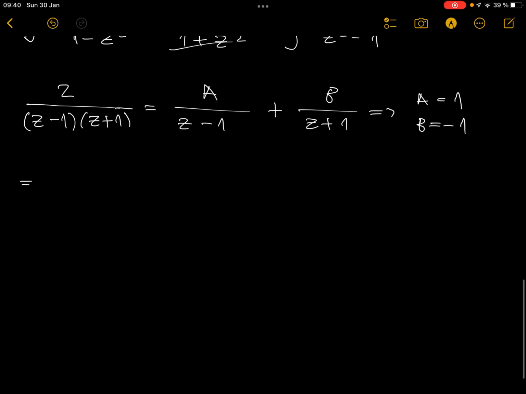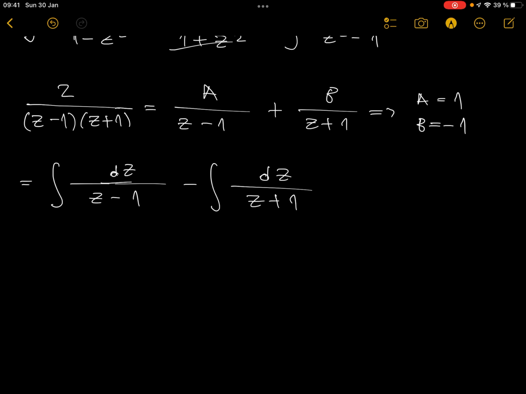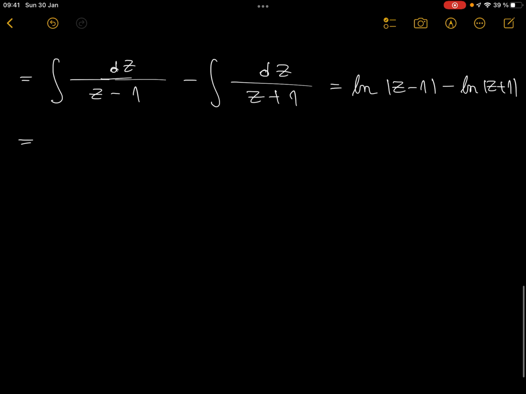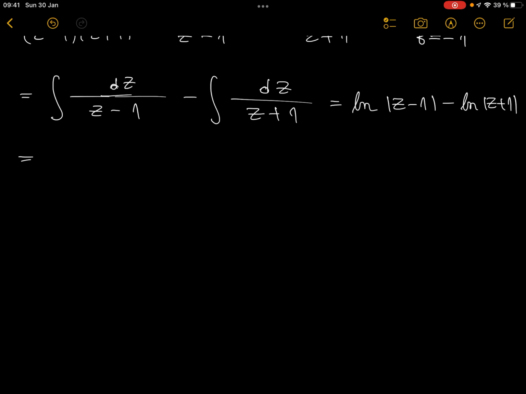So we get that this is the same as the integral of dz over z minus 1 minus the integral of dz over z plus 1, which is the same as the ln of z minus 1 minus the ln of z plus 1, and z was tangent of t over 2.